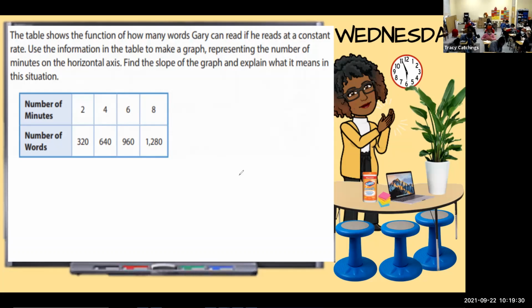I see one. We're dealing with proportional relationships, so we only need the L, or we only gonna be working in quadrant 1. Okay. Back to them.